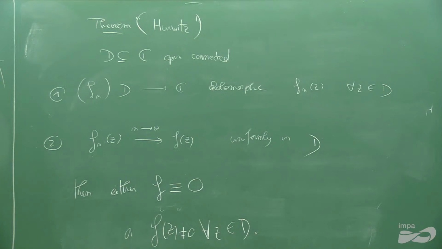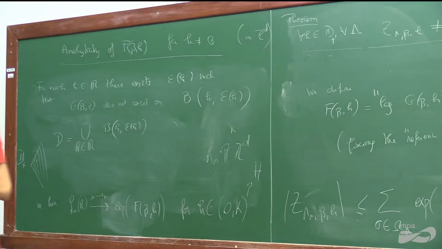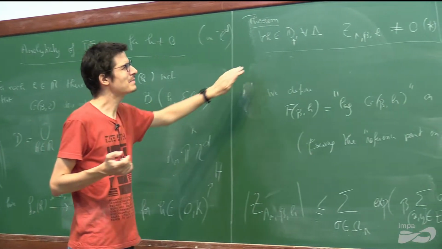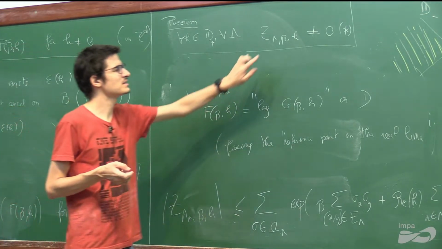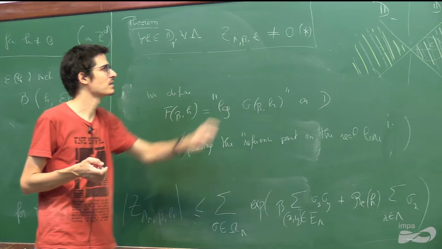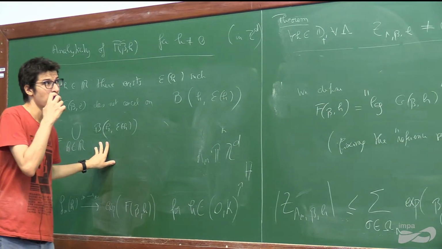Okay, so we are basically done, except that we have admitted this important part here. And this part is really needed. You can't say, okay, maybe this is not necessary because we know that this thing does not cancel on the real line, so there is a neighborhood on the real line on which it doesn't cancel.